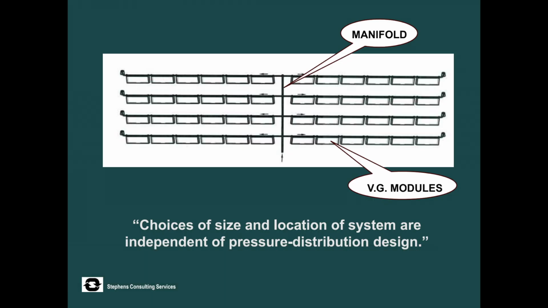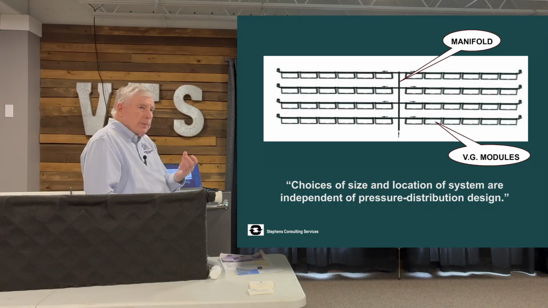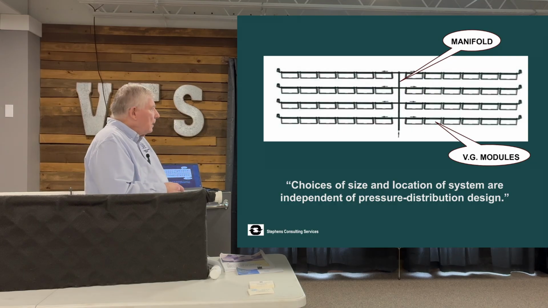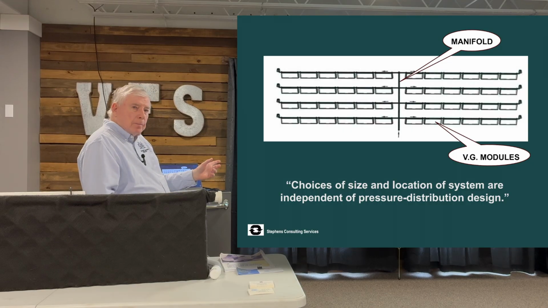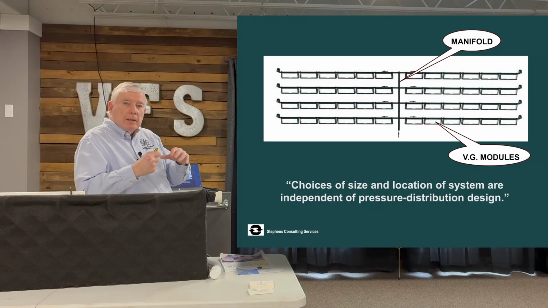So in Verti-Grid layouts, you've got a manifold that can be any size you desire to make it. In small systems, we've been using a lot of 2-inch, and it's quite good. Keep in mind, when the water comes out from the pump, it enters here, and immediately there's a reduction in flow in the rest of the pipe.